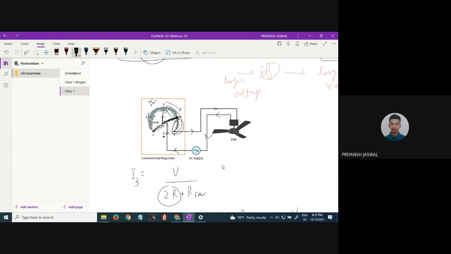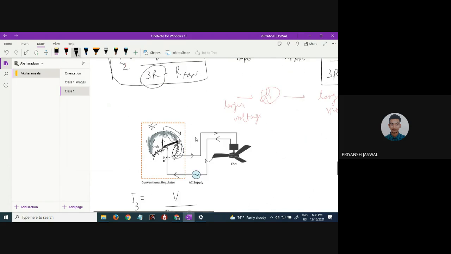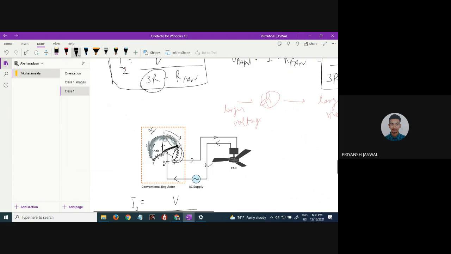This is what happened for 4, and when the knob is now at 5, this resistance will also be out of the circuit. The circuit will comprise only the power supply, which is directly fed into the fan.